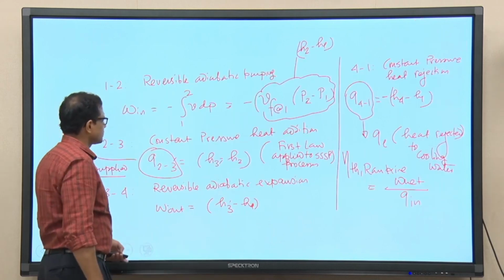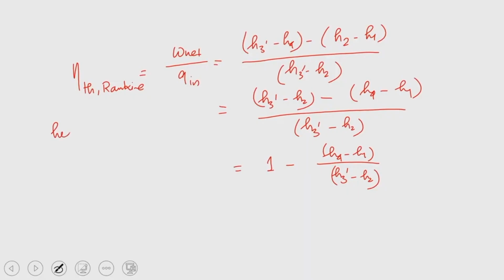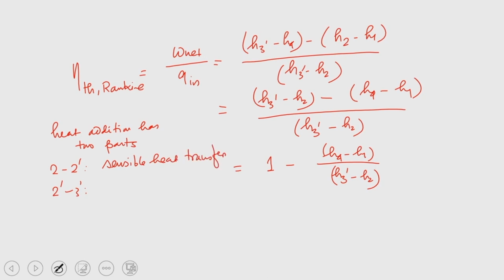So, this heat addition has two parts. 2 to 2 prime is sensible heat transfer, and 2 prime to 3 prime is phase change, or the latent heat transfer.